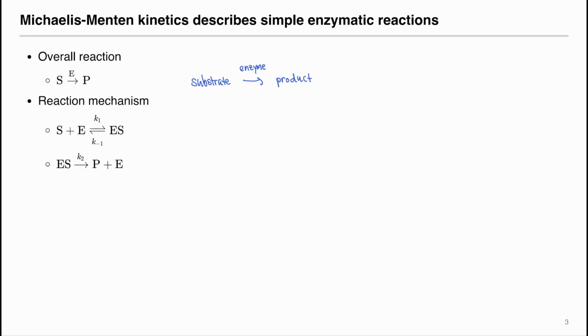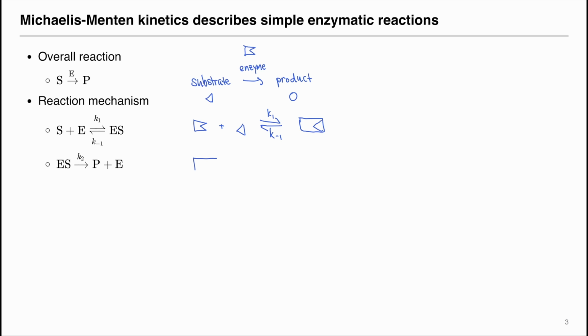To illustrate this, let's again consider a cartoon. So we have the substrate as a triangle, the product as a circle, and the enzyme as a weird edge shape. The reaction mechanism tells us that substrate plus the enzyme will bind together with forward and reverse rate constants k1 and k-1 to form the enzyme-substrate complex.